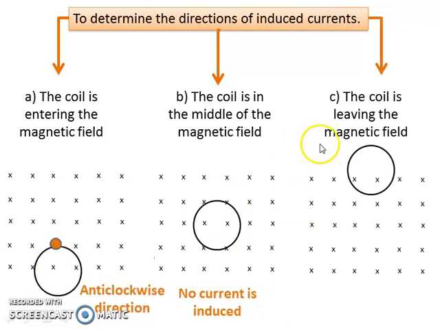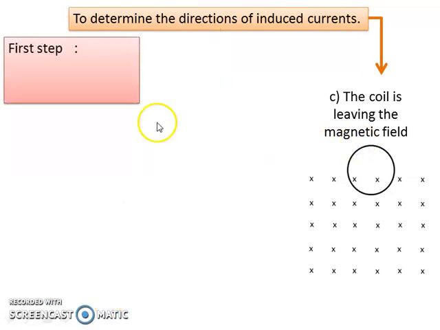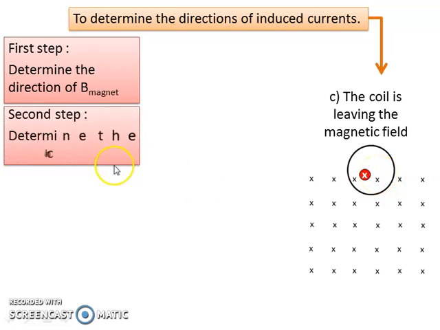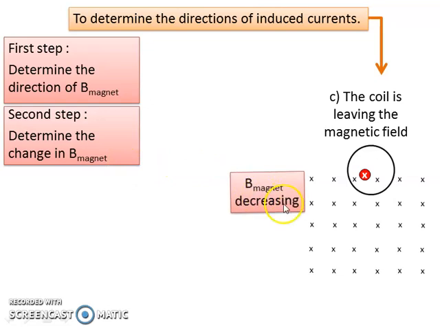Okay, the last position is when the coil is leaving the magnetic field. First step, determine the direction of the B magnet. The B magnet is into the screen. Second step, determine the change in the B magnet. The B magnet is decreasing because as the coil leaves the magnetic field, in this area the magnetic field becomes weaker.